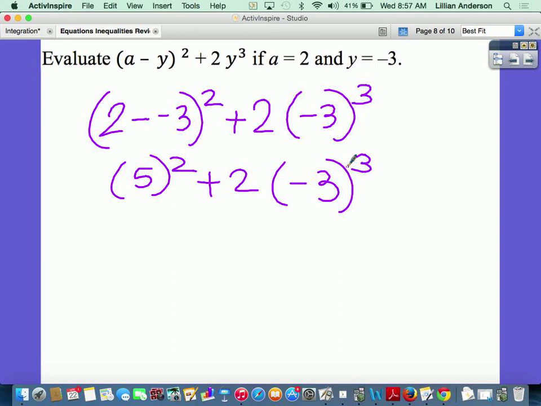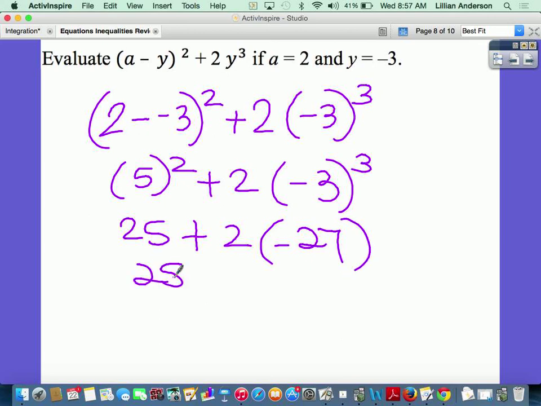Square my parentheses. Okay, so 5 squared is... And then what's the next one I do? Should be -27. Then what? Multiply, 2 times 27. Next one. -54.